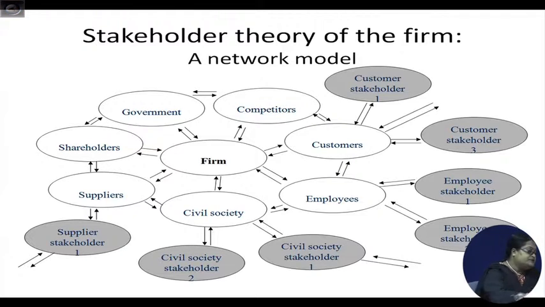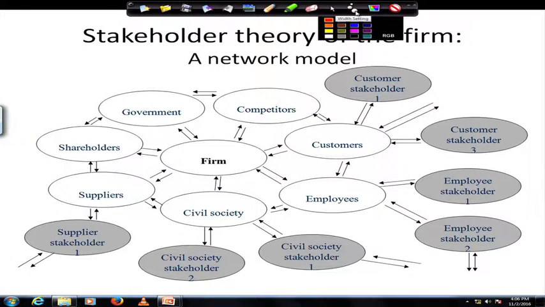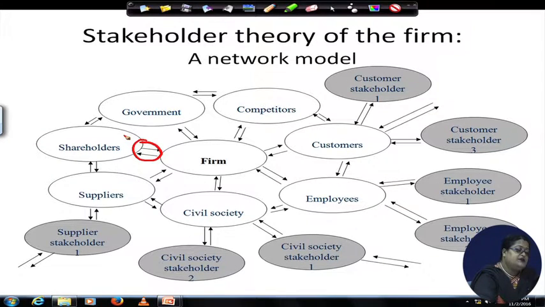If we are looking into the traditional way, which we call the traditional model of doing a business, the two-way arrow as shown is existing only between the firm and the shareholders.